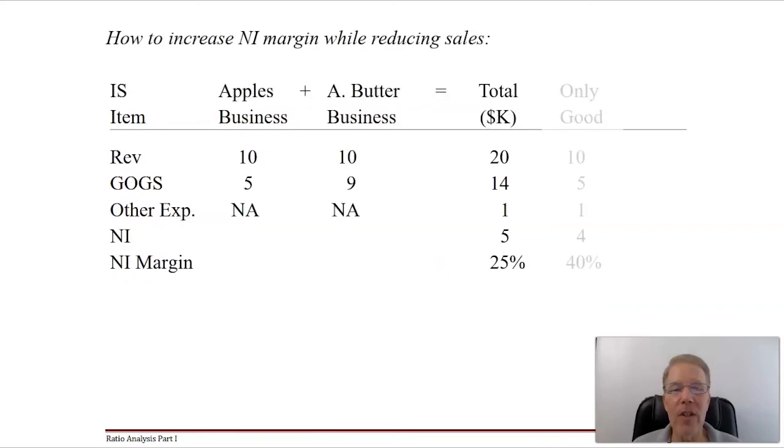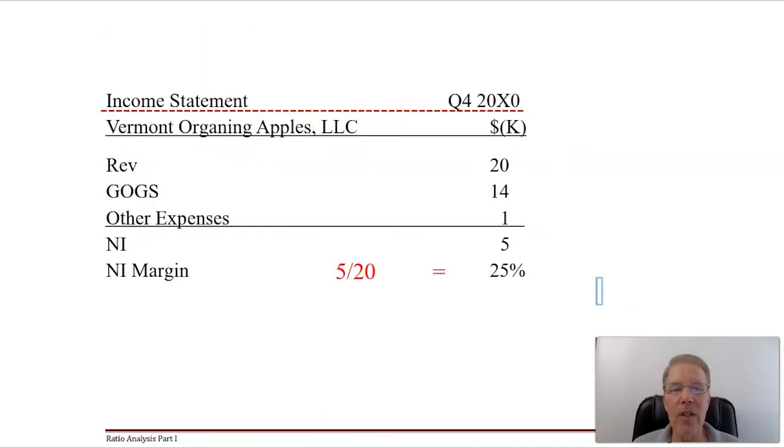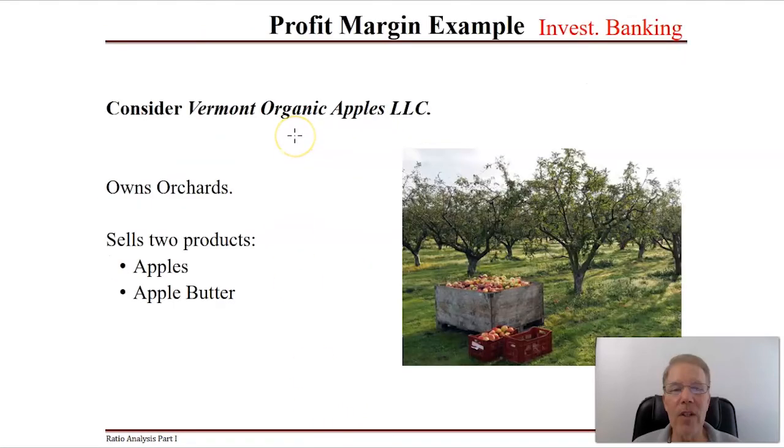All right, so let's say we're up there minding our own business near Burlington, Vermont, with our Organic Apples LLC, and we have a friend we have coffee with every now and then who is the local investment banker, and he says, let me look at your business and see if maybe I can help you improve it in some way.